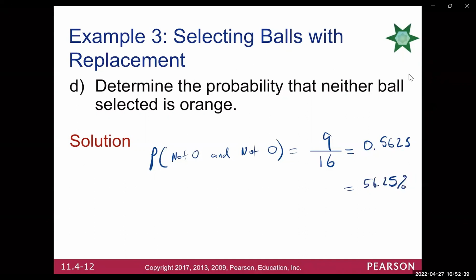So would you say that the chances are good or not good that you'll get something that does not have an orange? Somewhat. Yeah, it's a little bit better than half. It's higher than a 50% chance. 56 is higher than 50, obviously. So if I were betting, I would say yes, I would bet on this because it's higher than 50%. All right, so that's how you do that.